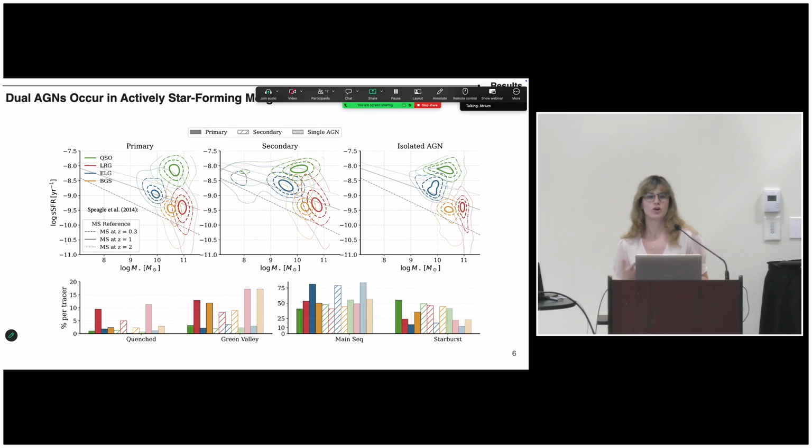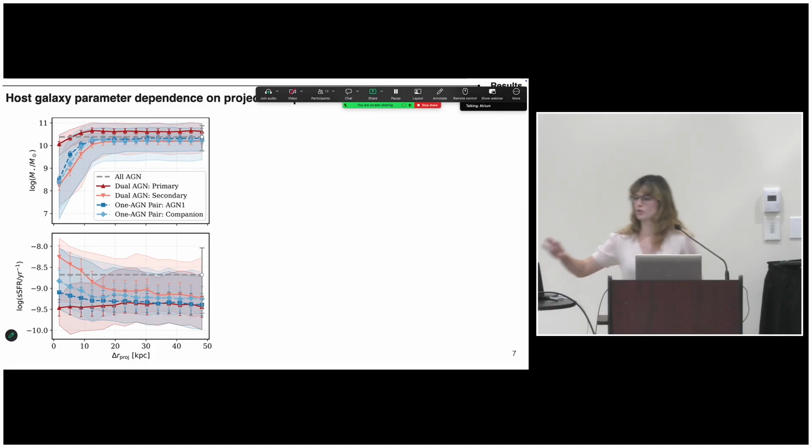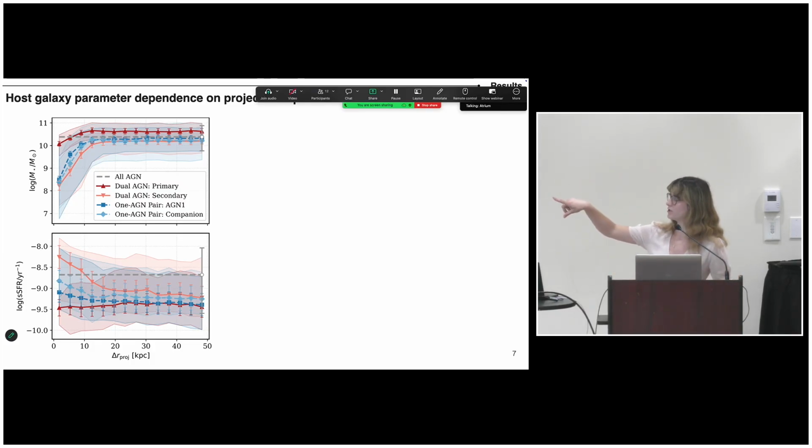So that is what we expect, because during galaxy interactions, gas inflows enhance the star formation rate, and this is what we see here. So then we see how this enhancement changes as they come closer together. So we see the dependence on the projected separation between the pairs.